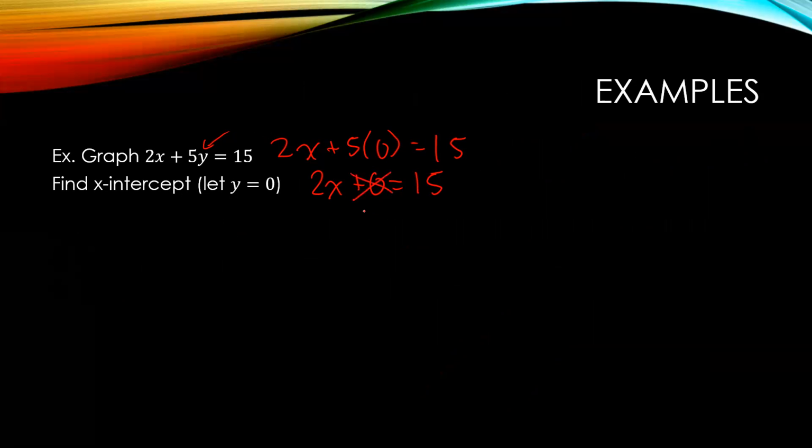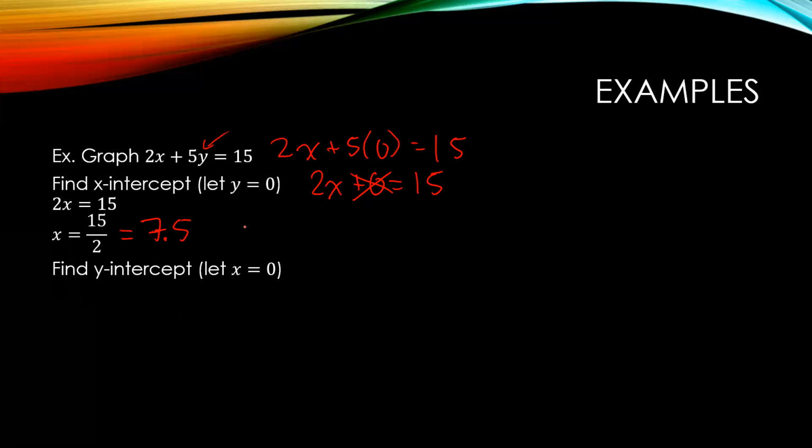Because this just disappears. And so then we end up with a pretty easy equation, 2x is equal to 15. And then my next step here is to simply divide by 2 on both sides. And then I end up finding that x is equal to 15 over 2, which I can leave like that, or I can write it as 7.5. And that's probably going to be a little bit easier when we're plotting this point. So that means that my x-intercept is 7.5 and 0.